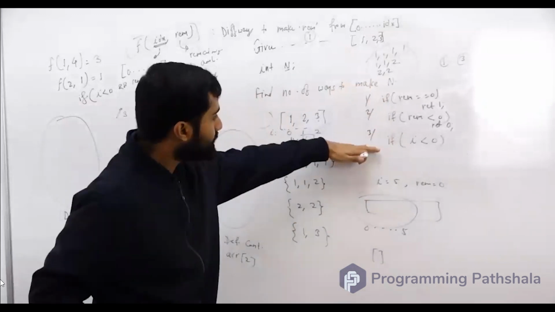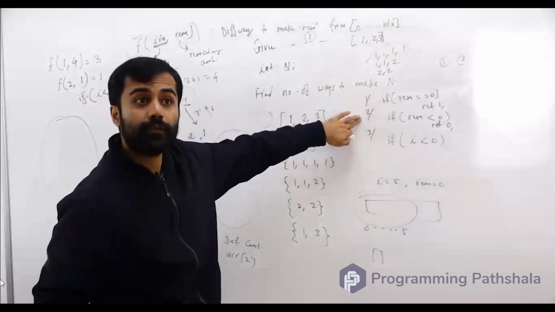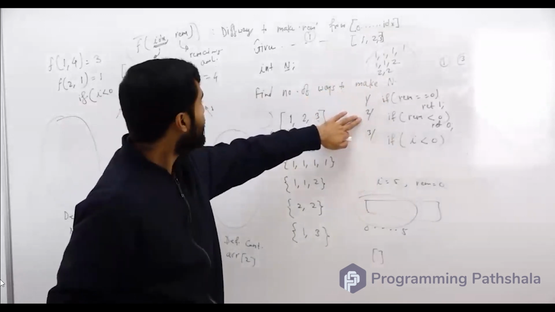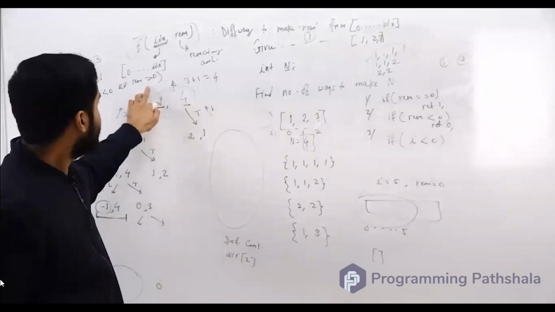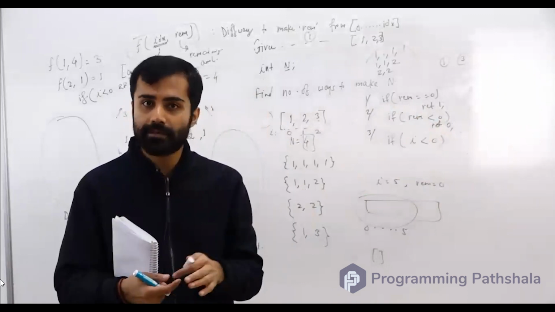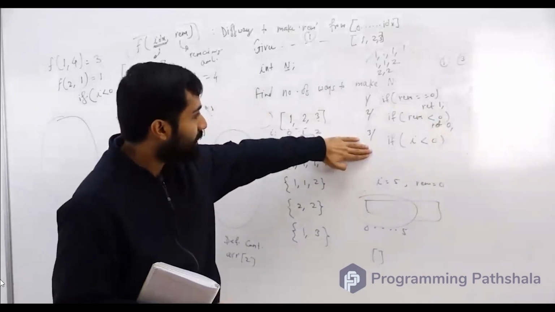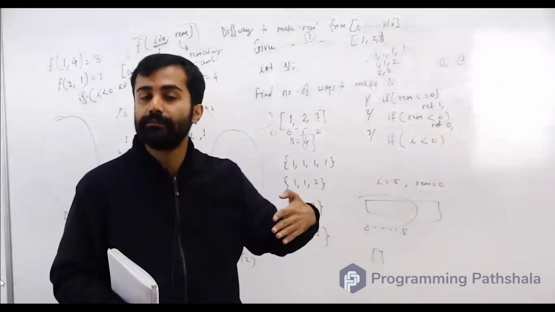So you will come to this only if these two conditions were false. If these two conditions were false, it automatically means that the remaining amount must have been positive, isn't it? If an integer is neither 0 nor negative, that means that integer is positive. So if you come to this if condition, it means that your remaining amount is positive, but you are out of coins.